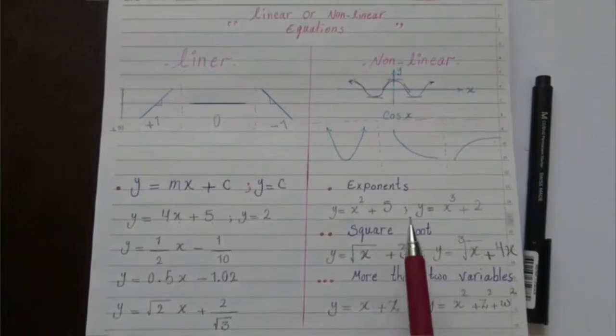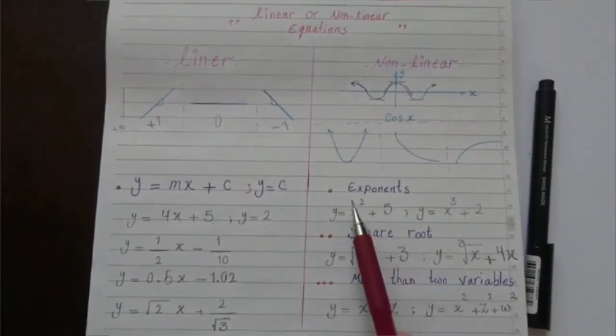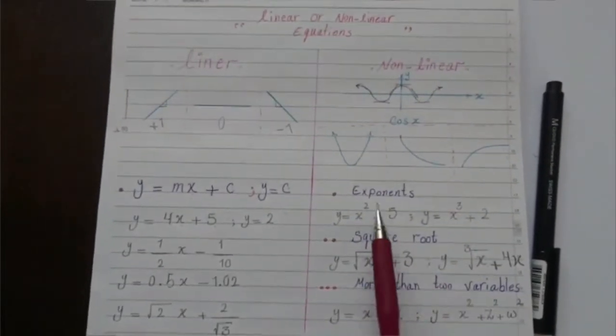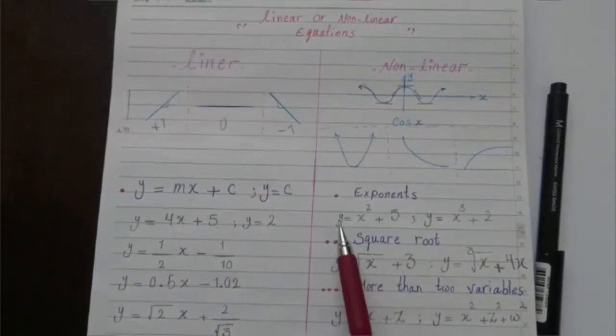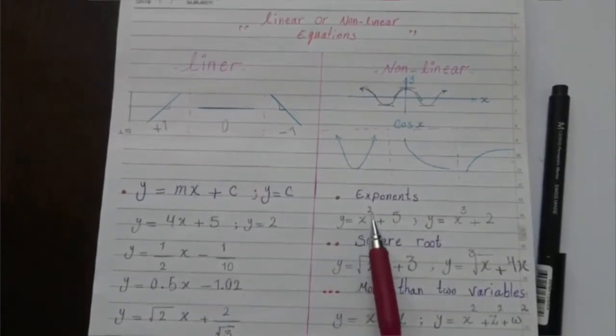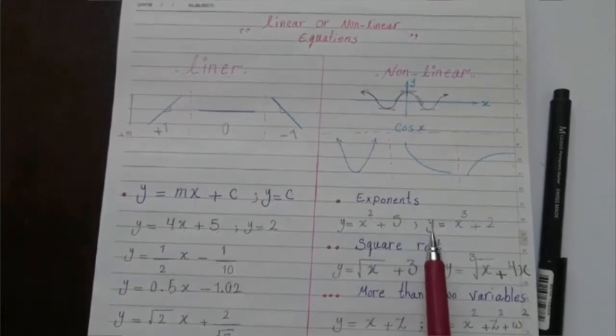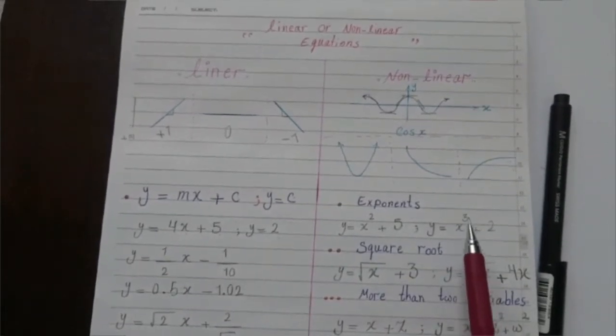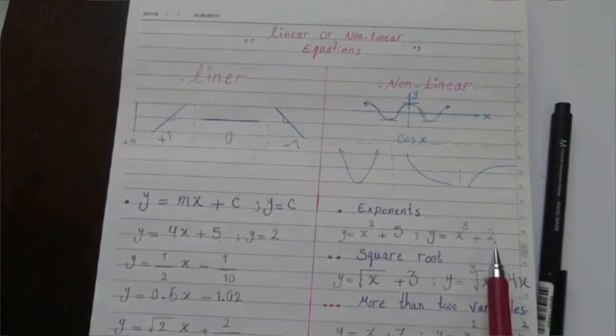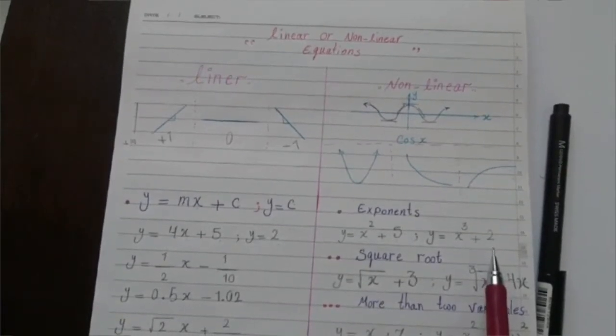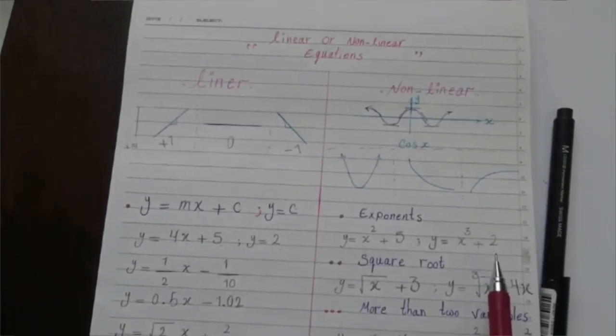But about the nonlinear equations, if the equation contains exponents, for instance, y is equal to x power 2 plus 5, or y is equal to x power 3 plus 2, it's not considered a linear equation. Actually, it's a nonlinear equation.